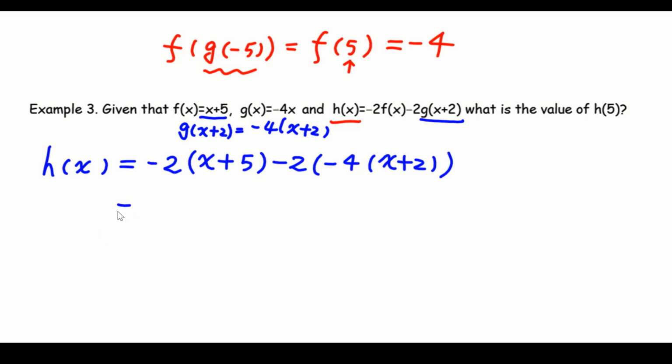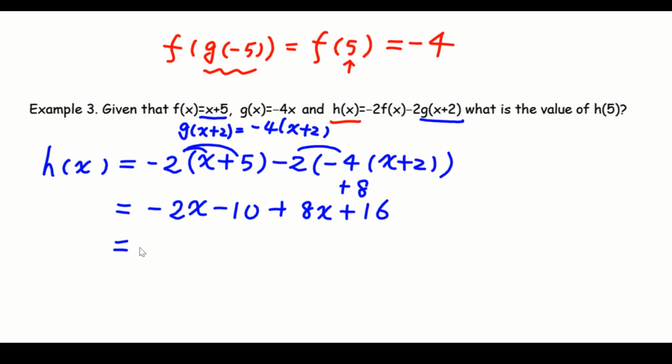Then after that, we just need to simplify it. So -2 times x, -2 times 5, then -2 times -4 first is 8. The 8 times each term now is positive. So 8 times x, 8x. 8 times 2 is 16.